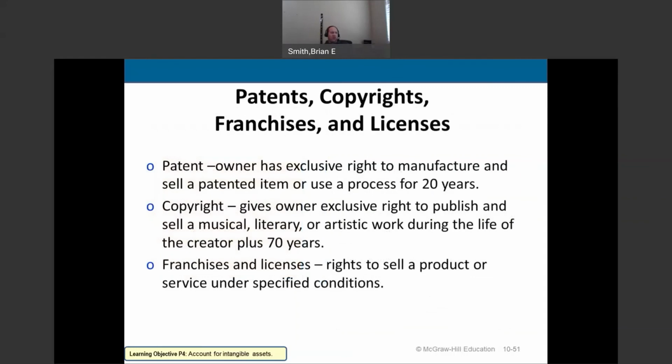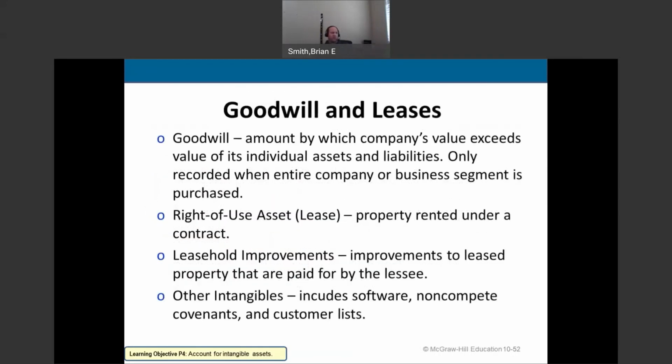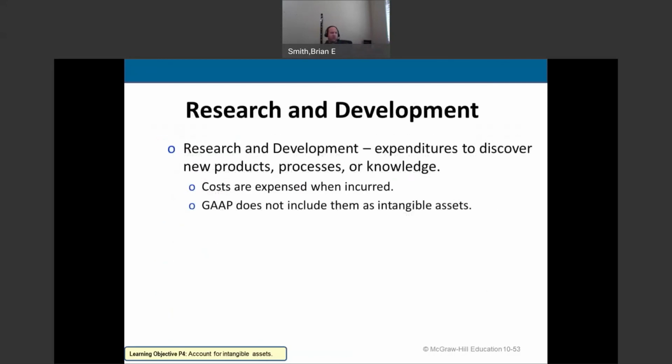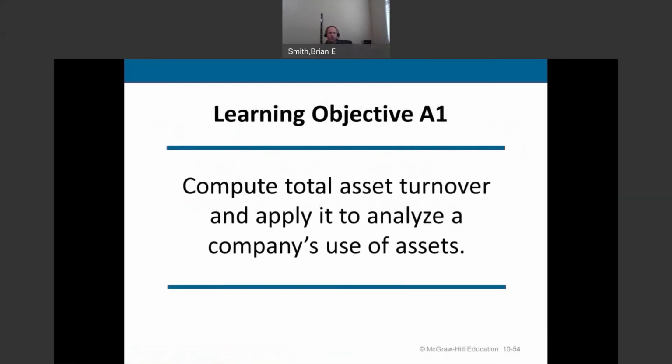Even if someone's trying to infringe on your copyright, patent, or anything else, you can sue, and if it's successful, you can put those litigation costs into your intangible. Software, non-compete covenants, customer lists. These are dealt with in a little bit different ways, but they're there. Just want to make you aware of what these are. We're not going to really go over how to test them for impairment or anything else like that. Just know that they're there.